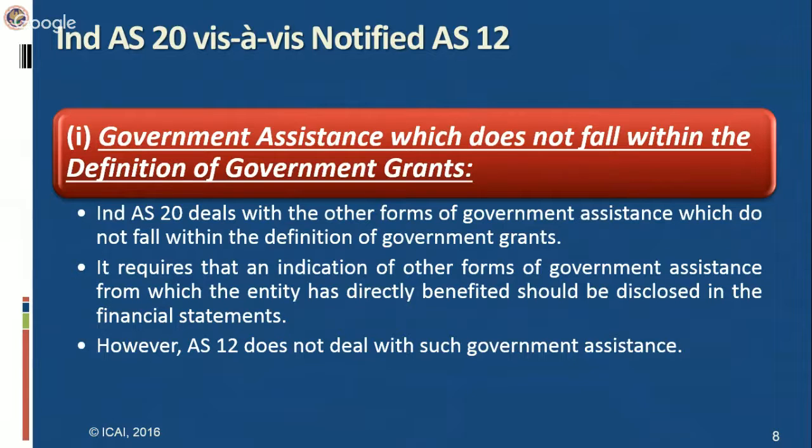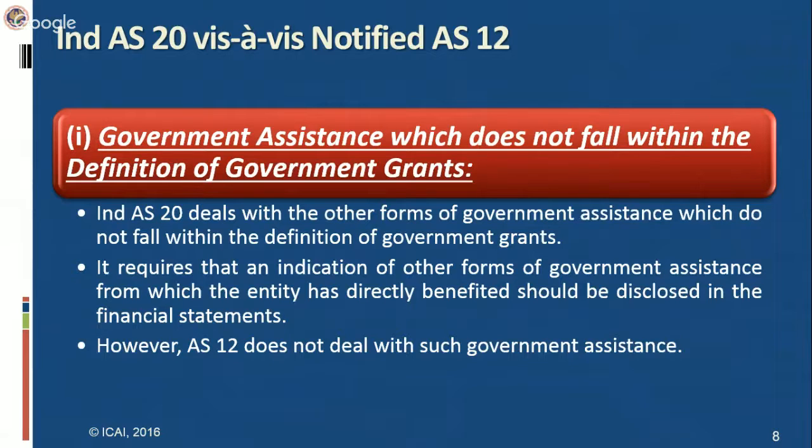And there are two things in assistance. Second is transactions with government which cannot be distinguished from the normal trading transactions of the entity. So now let me give you some examples of those actions taken by government on which we cannot place any value.